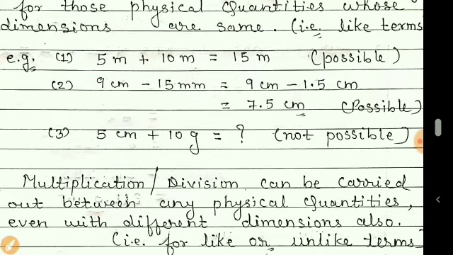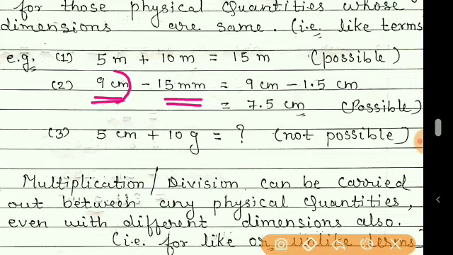One more example, 9 centimeter minus 15 millimeter. Now we know that centimeter is also for length, millimeter is also for length only. So these two have same dimensions, that is L. So we can subtract these two. But before that, we need to convert either this centimeter to millimeter or this millimeter to centimeter.